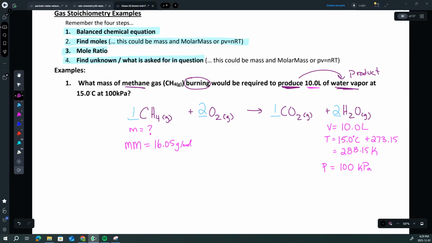But now that we have our information organized, we're going to move on to step 2, which is find moles of our given. So the substance we have the most information given for, that's going to be water vapor, so that's where I'm starting here. Now, since I have pressure, volume, and temperature, if you look at your formula sheet, you'll find that this gives us the most information to use the ideal gas law, which is PV is equal to nRT.